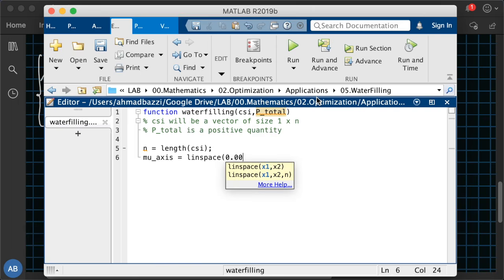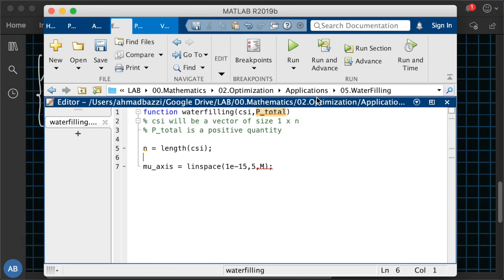So it starts from a very small number, let's say 10 to the power minus 15, ends, let's say, at 5, and has m points. M is a user-specified precision. It's the number of grid points you'd want to compute the Lagrangian dual, g of mu.